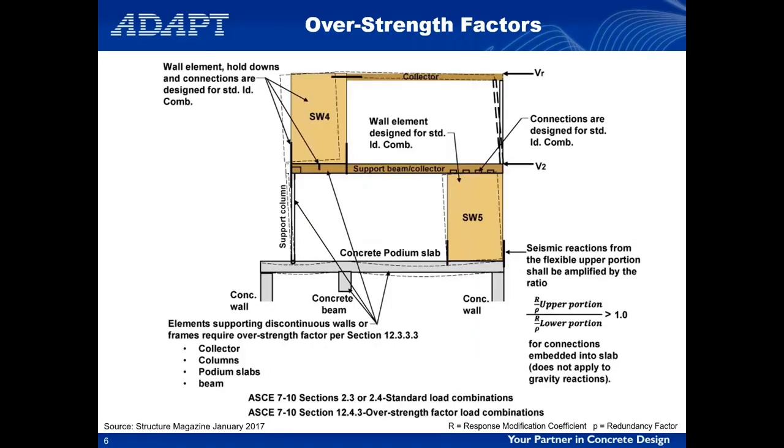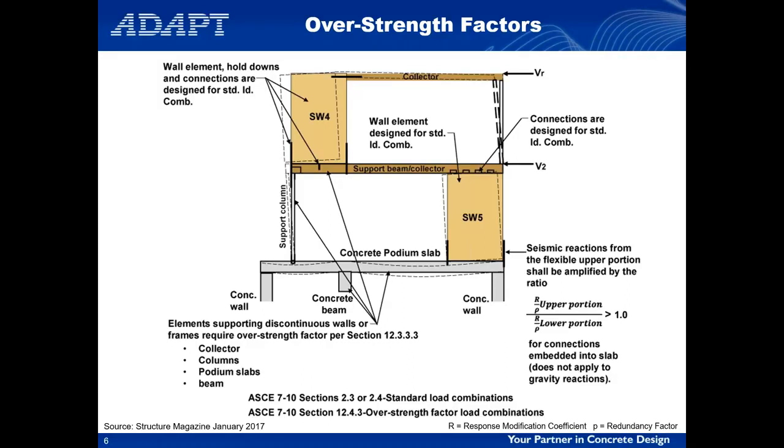This is another diagram that I thought was interesting, that I borrowed from the article that I referenced. And here it shows the more flexible superstructure for the structure above, and then you have the interface between the more flexible superstructure and the more rigid post-tension podium structure below.